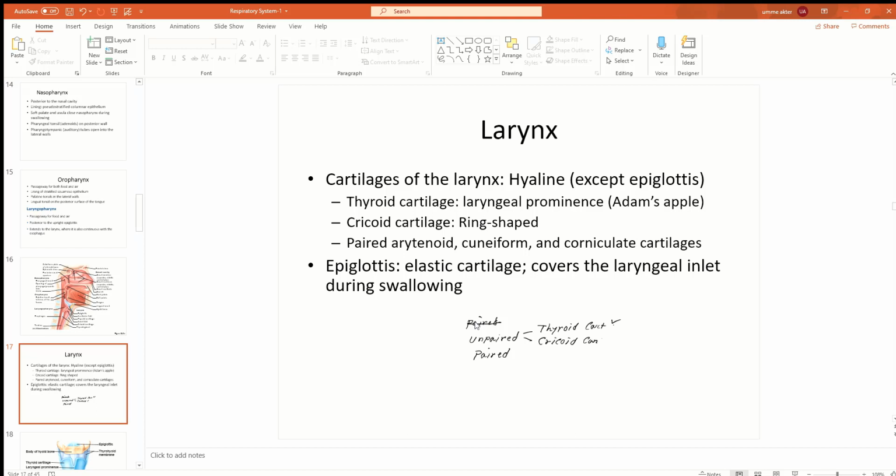Okay, so thyroid and cricoid, those are unpaired. Then you have three pairs of small cartilages, those are two in number: arytenoid, cuneiform, and corniculate.